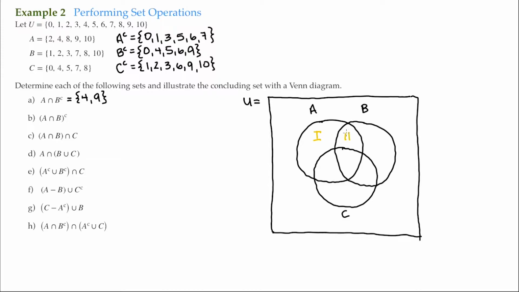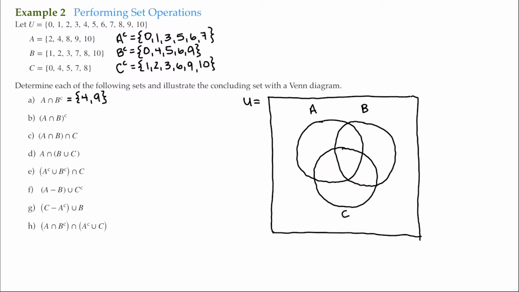That'll be region 2. 3. 4. 5, 6, region 7, and then the last region is the region out here. This represents all the elements that are not in any of the subsets. So we have these 8 regions.